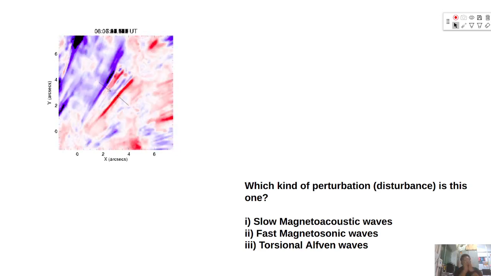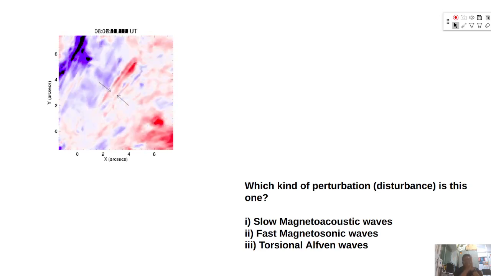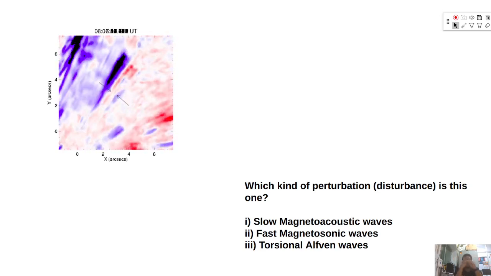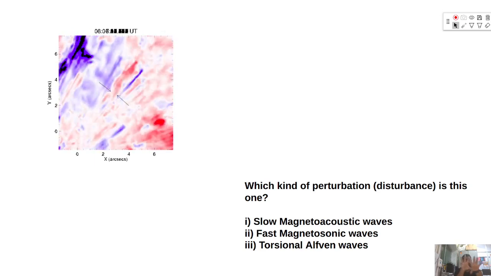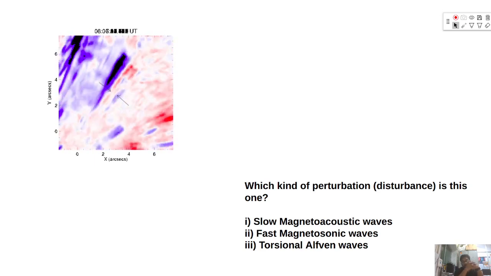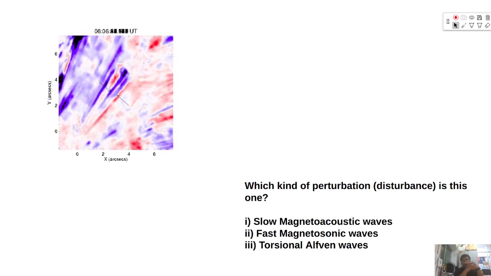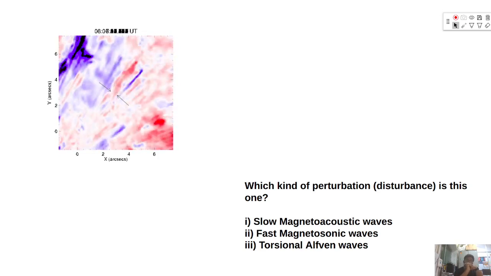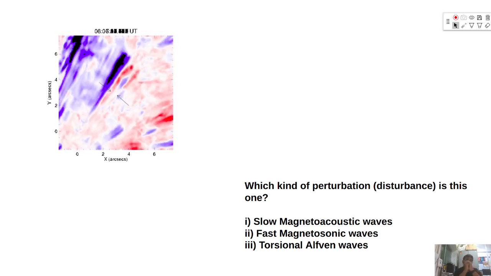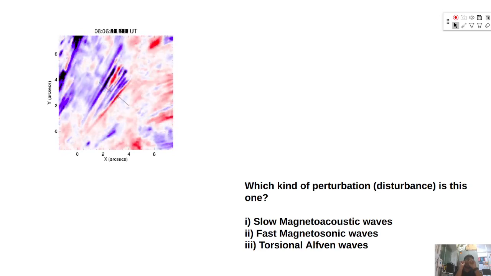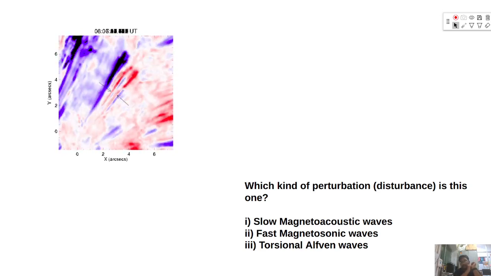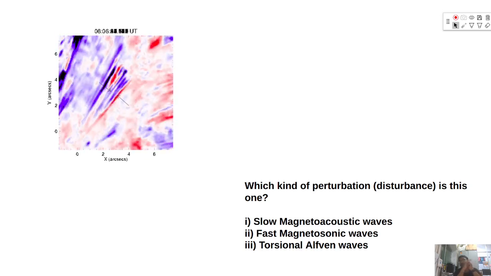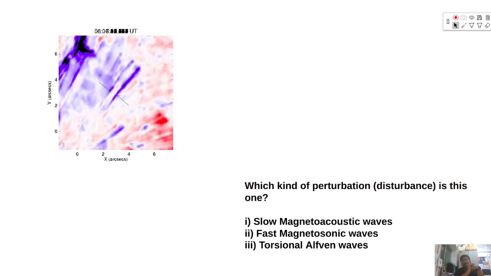Now, as I discussed before, this is a Dopplerogram, but if we have an intensity image, should we have this image? So one is Alfvén waves. Now Alfvén waves have a pure mode, which is incompressible, so it should not have any signature.